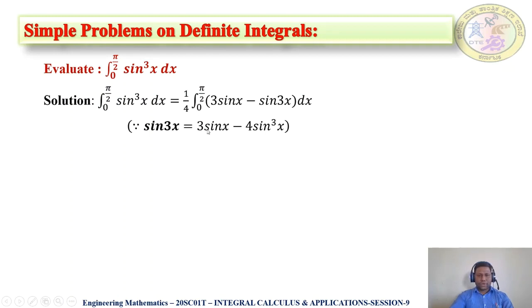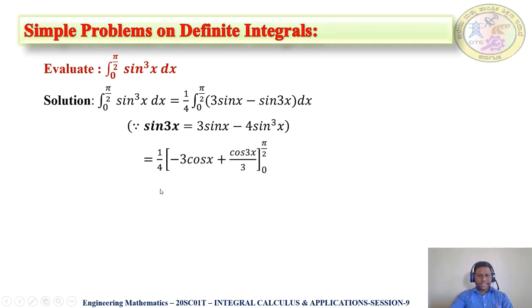Sin 3x is equal to 3 sin x minus 4 sin cube x. We need only sin cube x, so we take this term to one side and sin 3x to the other side. So it becomes 4 sin cube x is equal to 3 sin x minus sin 3x. So sin cube x is equal to 1 by 4 (3 sin x minus sin 3x). Now we have to integrate this directly.